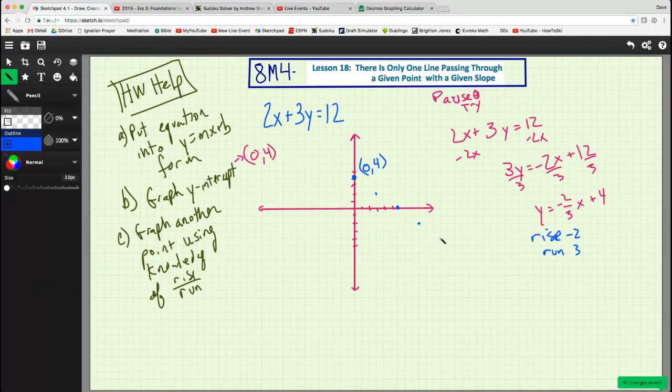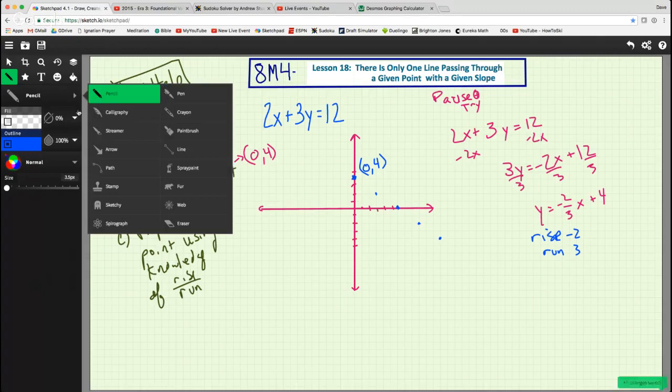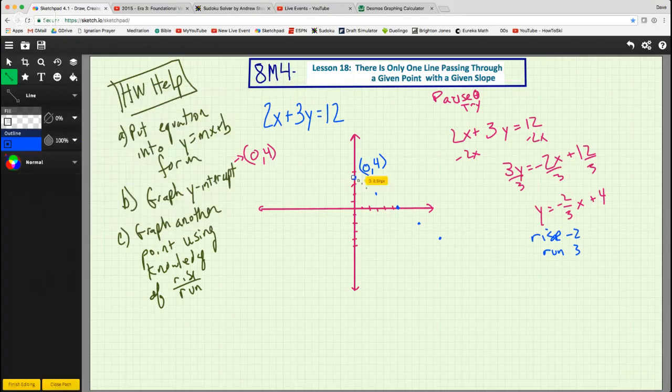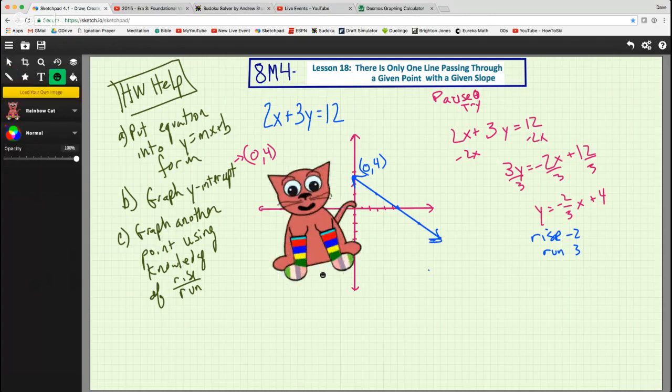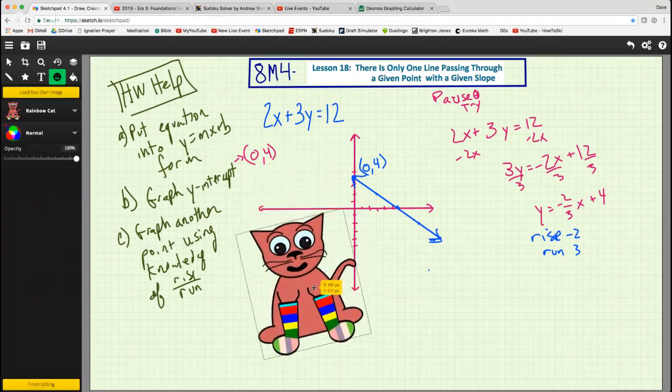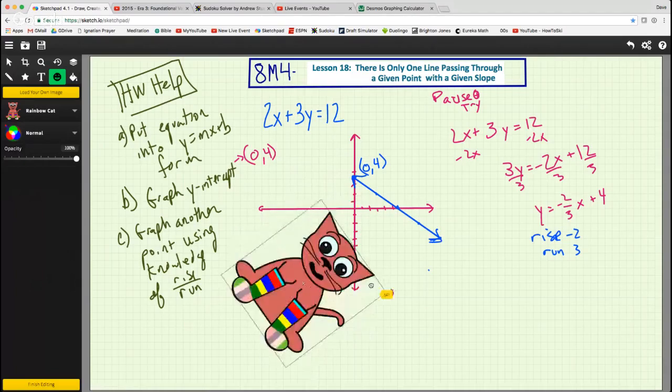And now we make our line, and now we make our arrows. And now we meticulously draw our happy cat, and we spin our happy cat.